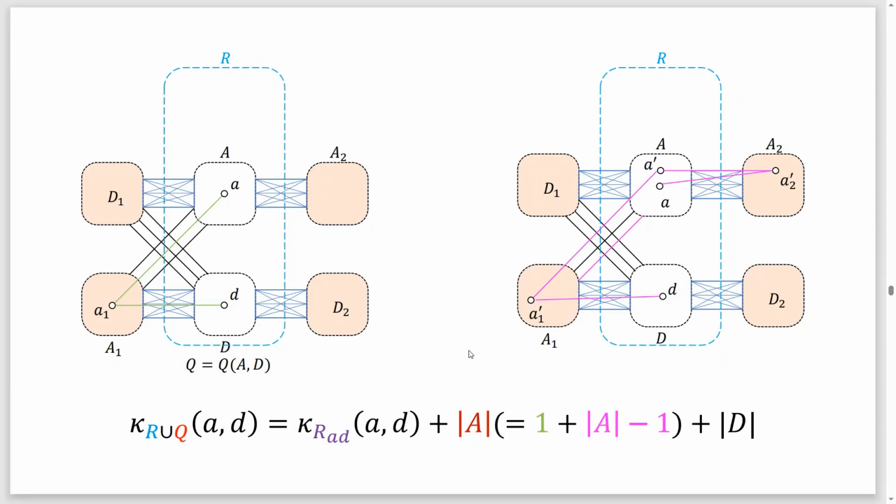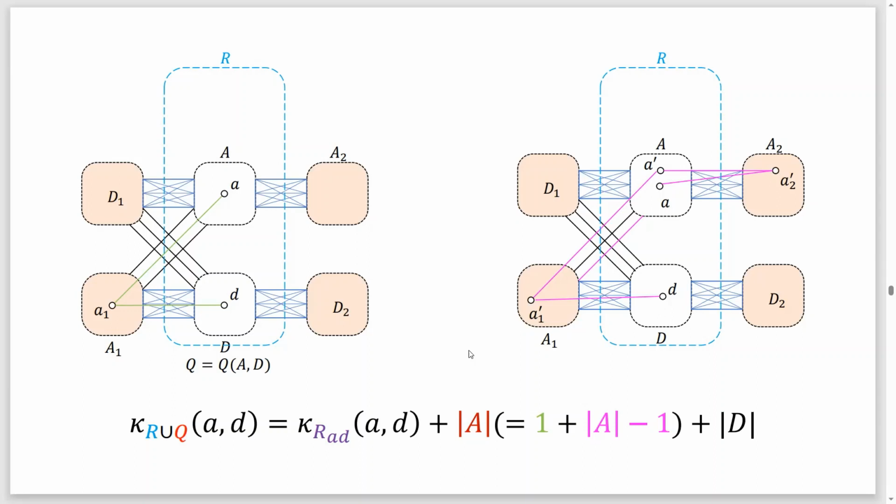So there are |A| minus 1 such A primes, and we know that these will form |A| minus 1 internally vertex-disjoint paths. For the set D, the case is totally symmetric.